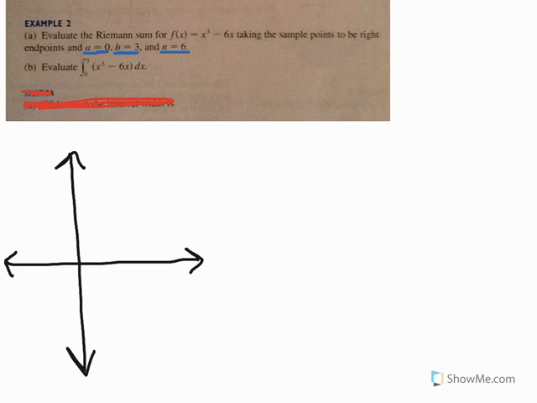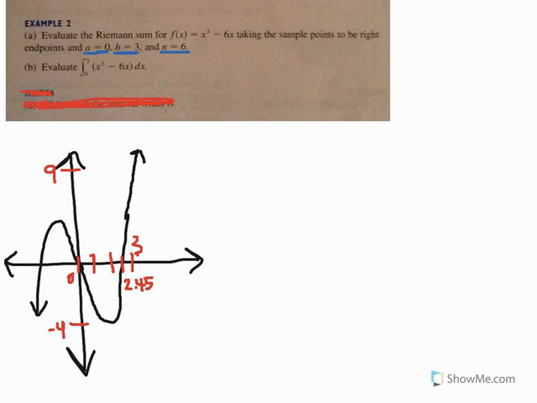It crosses through the origin, and we've got some of the points on the graph. That x-intercept there is about 2.45, actually the square root of 6, where the graph crosses the x-axis, and this gives us a little bit of an idea of what we're looking at.